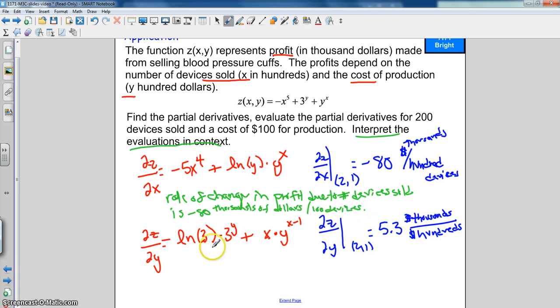Okay, and the other one would be similar: the rate of change in profit due to the cost of production in hundreds of dollars.